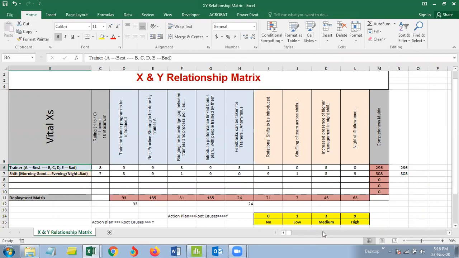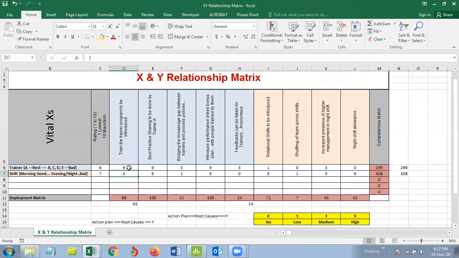So the train the trainer program will have a high weightage, which is 9. We also try to understand if we implement this action plan, will it also improve my other root cause? If it does, I'll say probably not a direct impact, but yes, some medium impact is there. So I'll give a rating of 3 in this case.